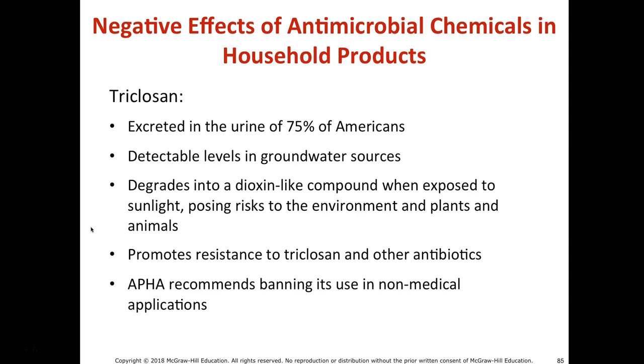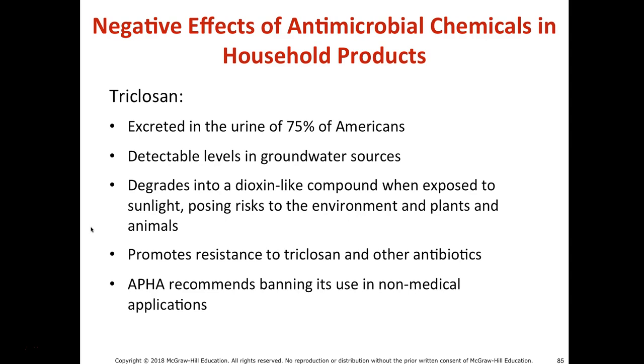Because it's used in so many products, we are able to detect levels of this within our groundwater sources. So let's say you find it within your soap and you're washing your hands with the soap, then the triclosan is being washed down the drain and into rivers, wells, and our tap water.